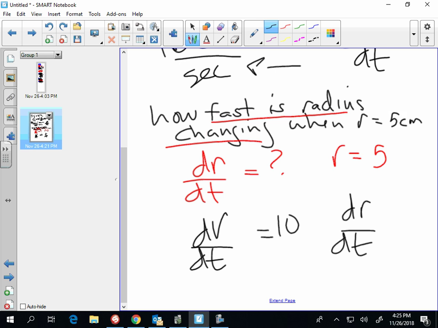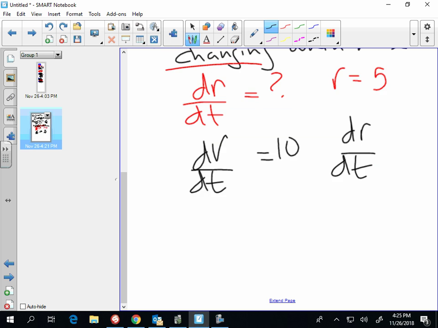Do we know a relationship between volume and radius for a sphere? We're told this is a spherical balloon. Sure. Volume equals 4/3 pi r cubed. Yeah, that's another formula you're supposed to know.